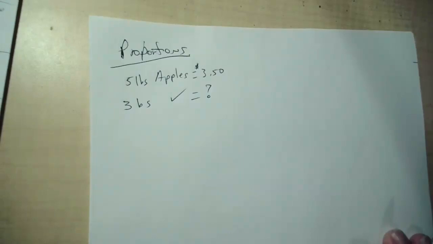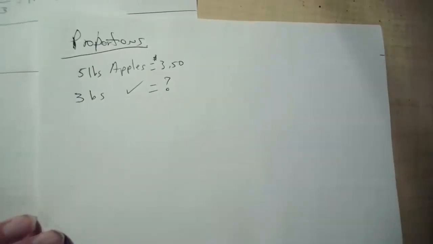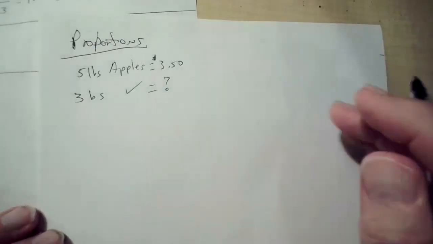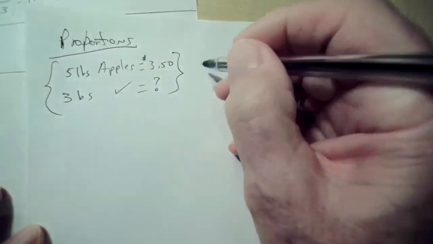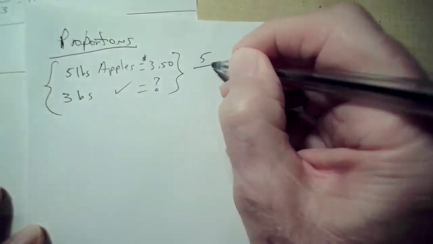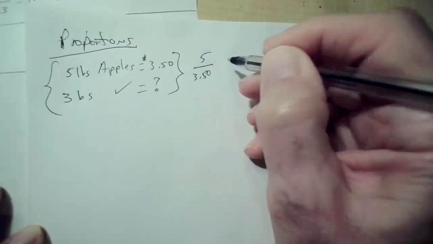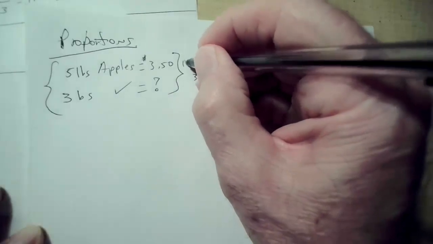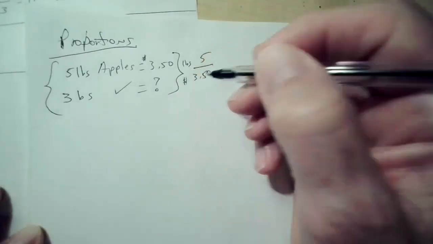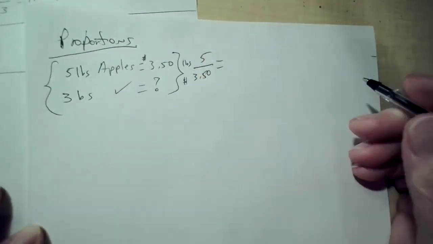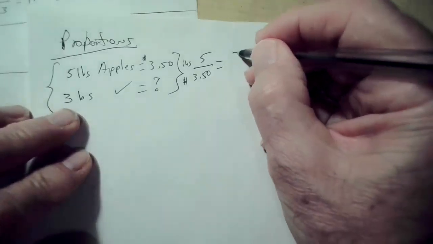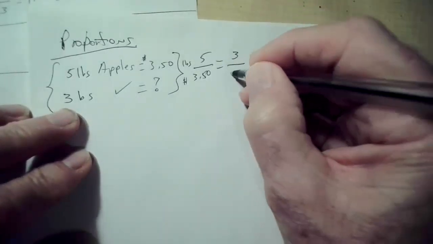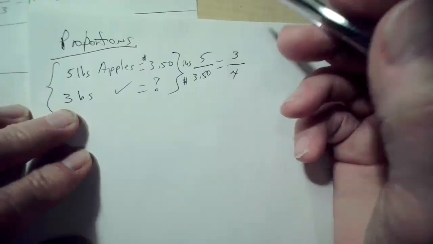You can set this up any number of ways. Again, it's a ratio, and what we'll say here is if 5 pounds is to $3.50, we have pounds up here, money down here, then 3 pounds is to, we don't know.